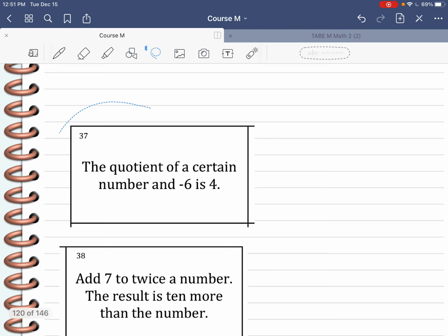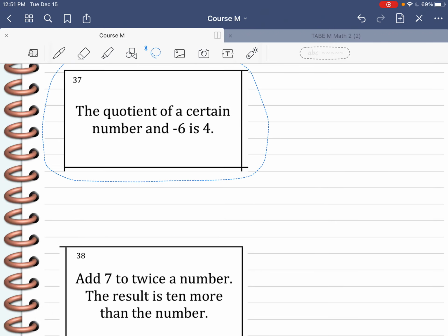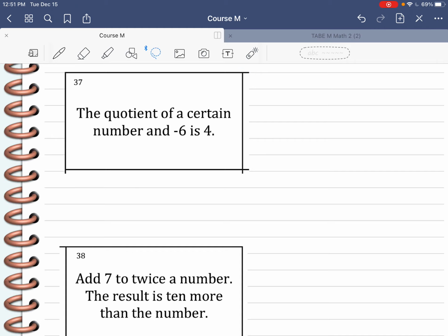Number 37. The quotient of a certain number and negative 6 is 4. Well, quotient means divide. So we have a number divided by negative 6 is 4.